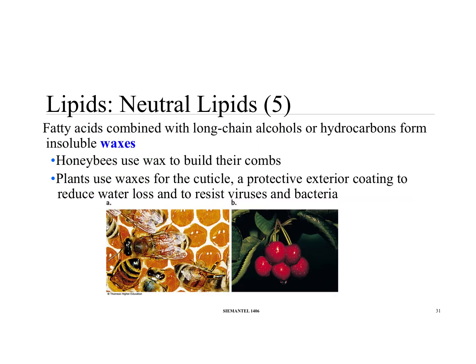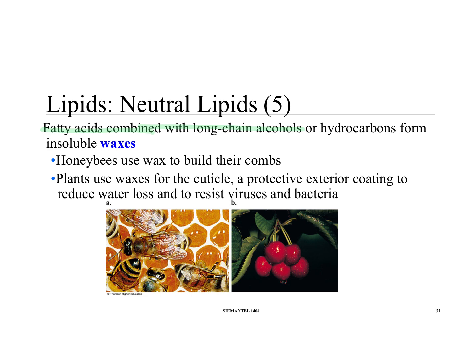So along with fats and oils, there's another category that still falls under the neutral lipid umbrella, if you will, that are called waxes. And waxes are fatty acids that have been combined with long chains of alcohols, those OH groups.